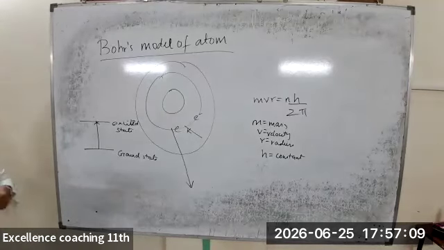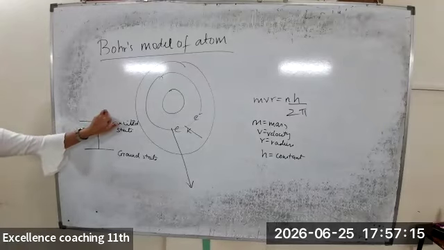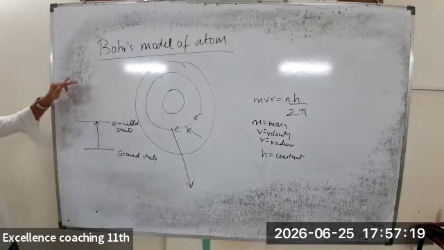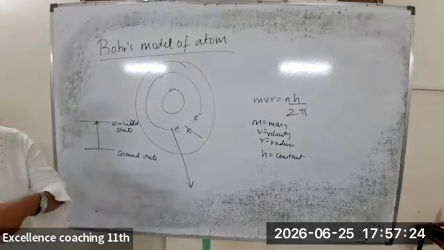So when the electron moves from the ground state to the excited state, it absorbs energy. When it comes back to the ground state, it emits energy.